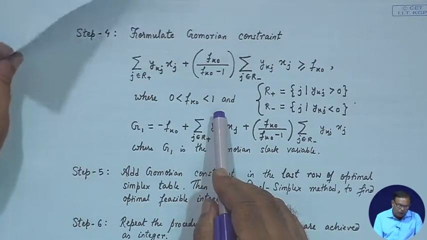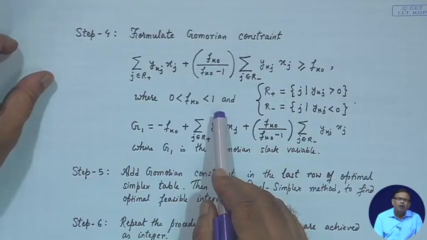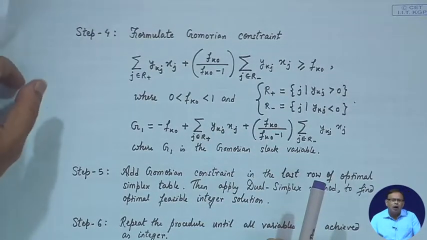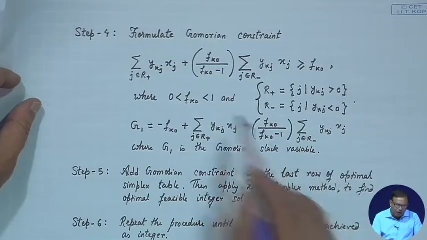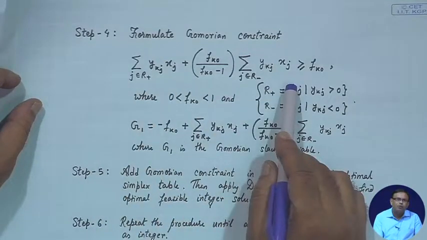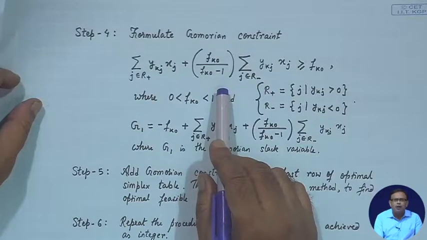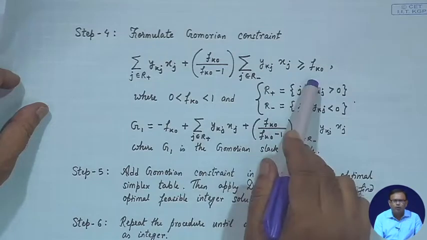So, if you remember, for the integer linear programming problem, this Gomorian constraint was a little different, and for the fractional part it is different. For the case of the integer linear programming problem, I have shown how we derived this equation.